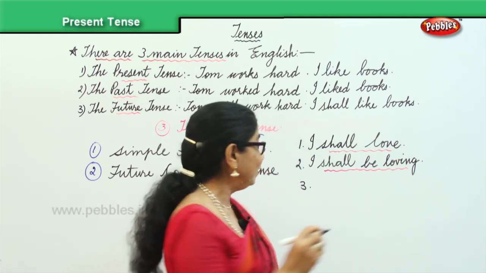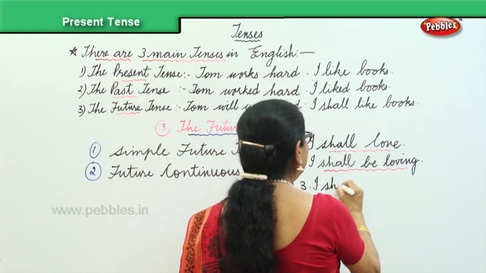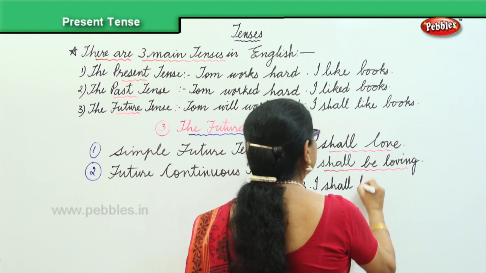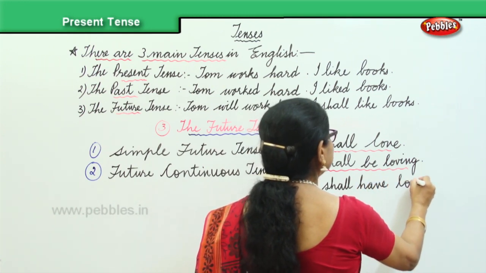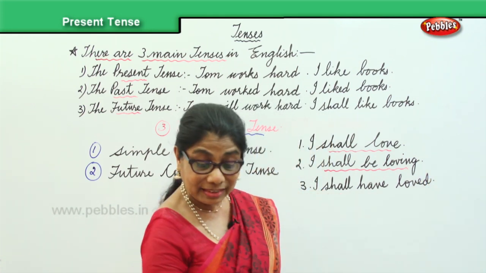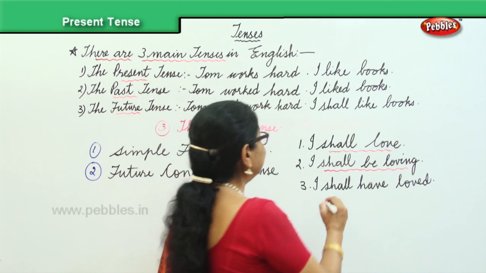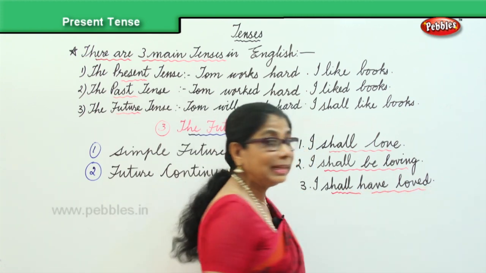Now, the third type, we did simple future tense, future continuous tense, and third is I shall have loved. The third sentence is I shall have loved. Look at the verb shall have loved.